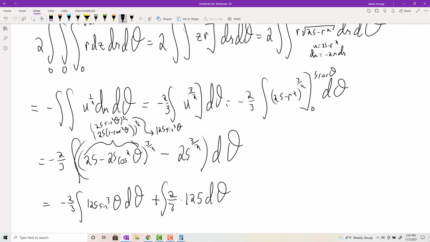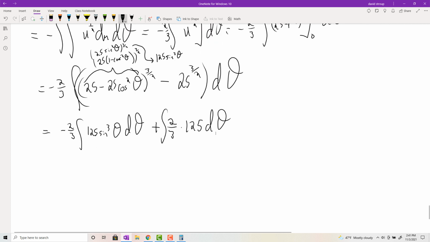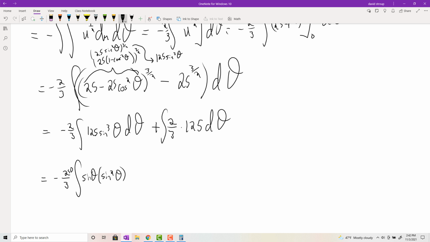d theta, and then for the first integral I'm going to have to do some trig manipulation. So let me factor out the 125. Okay, so I got 250 out here, and sine cubed is the same as sine theta times sine squared theta d theta.